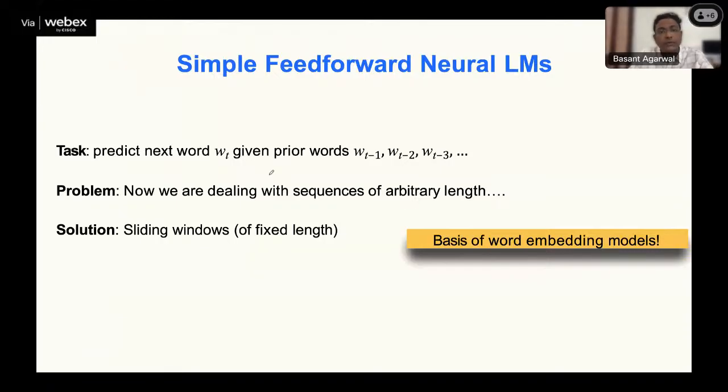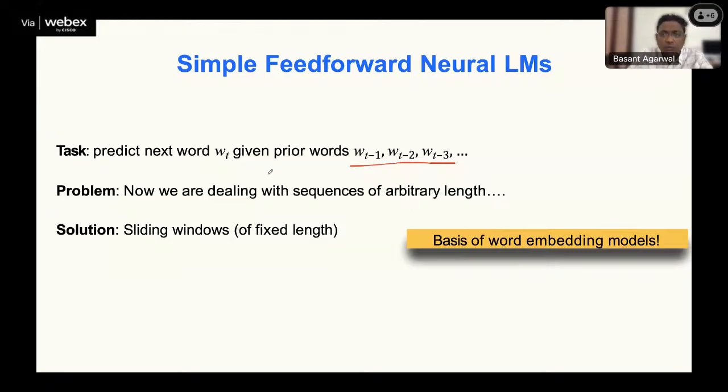So for a simple feed-forward neural network for predicting the next word, like solving the language modeling problem, given the previous words w_{t-1}, w_{t-2}, and so on, we want to predict the next word. We can do this by combining the concept of neural networks and word embeddings, which we learned in the previous sessions.